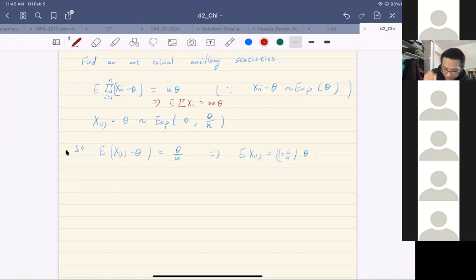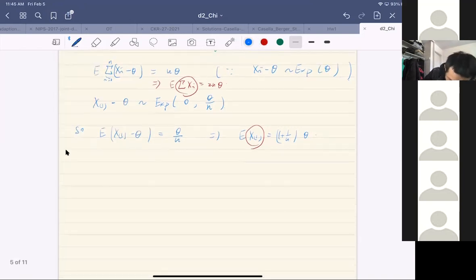So that means we can find a linear combination of these two statistics which has expectation 0.